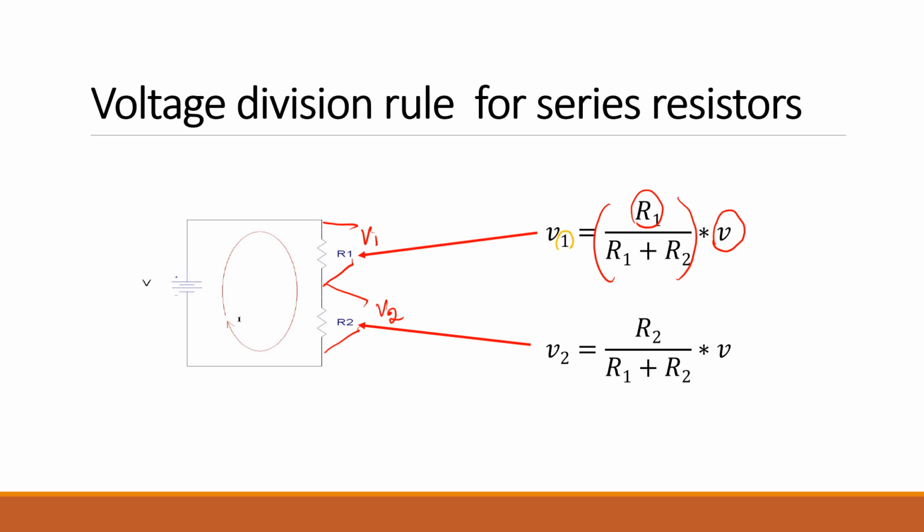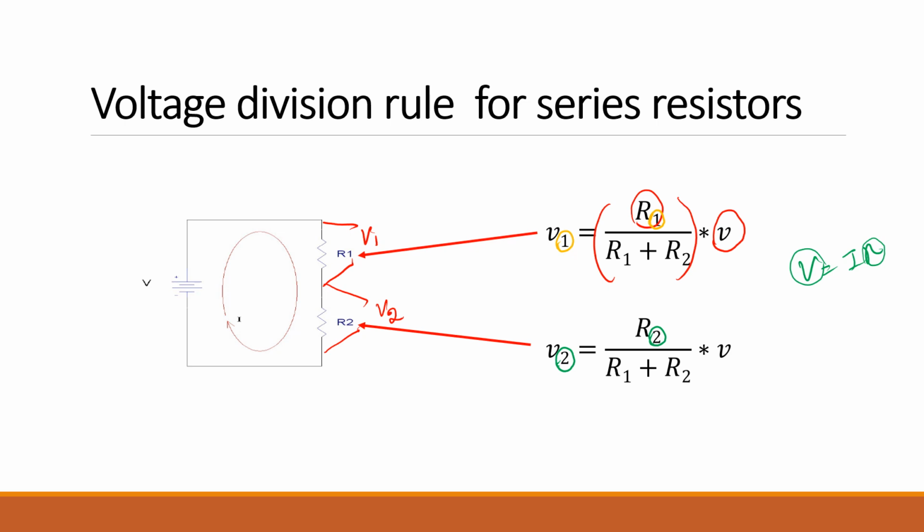When you have V1 here, you have R1 here. Similarly, when you have V2 here, you have R2 here. In the current division rule, you consider the opposite resistance, but in the voltage division rule, you consider the same resistance, because voltage is equal to IR.